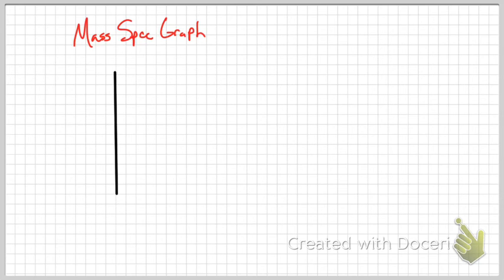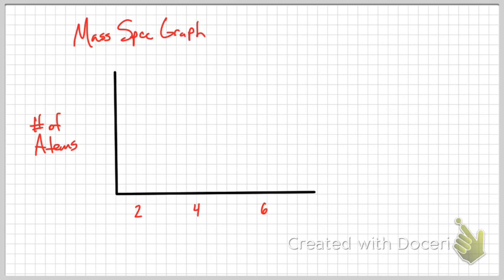The x-axis is where we have mass, so because of our data from this tutorial, we have an isotope with a mass of 2, one with a mass of 4, and one with a mass of 6. On the y-axis we can put the number of atoms, because a mass spec graph actually gives us a percent.